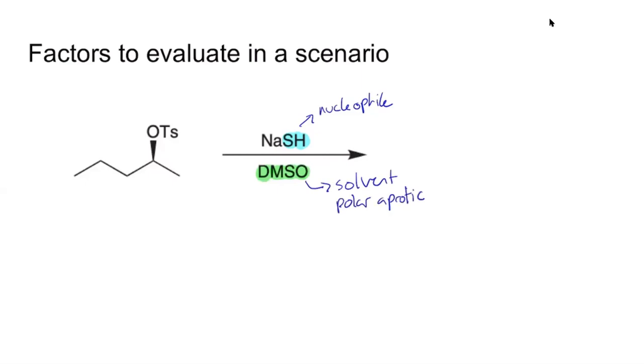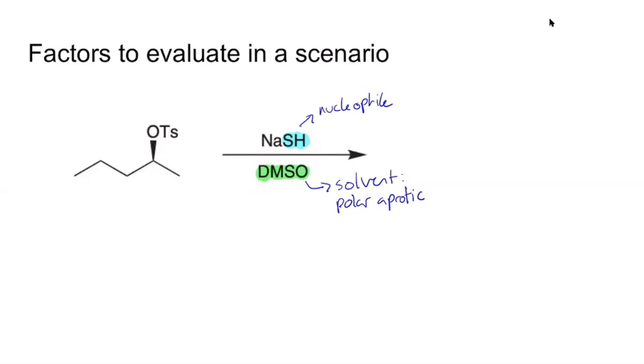And if we know that the solvent is polar aprotic, that gives us some clues about which reactions are going to be the most favorable. Also, just housekeeping, frequently the nucleophile or attacking molecule is going to be on top of the arrow, and oftentimes the solvent is below the arrow. That happens a lot of the time. So if you're struggling to figure out which is which, try looking for the solvent under the arrow.